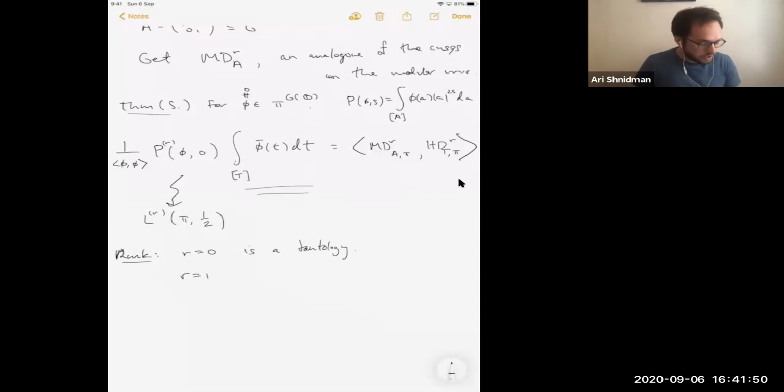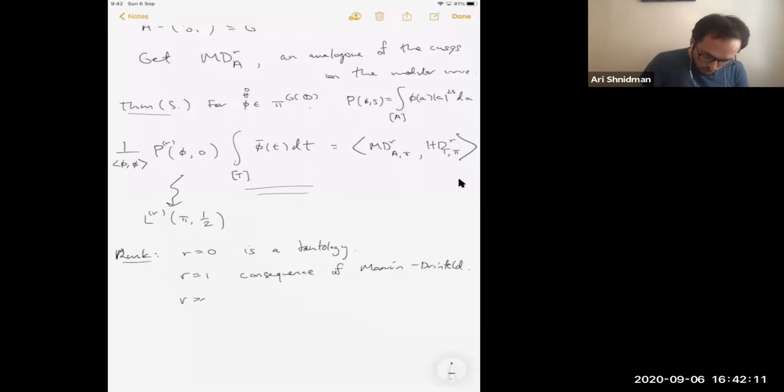But even if you were to work in higher level, both sides would be 0. It's a consequence of the Manin-Drinfeld theorem, which holds in the function field setting as well, that the cusps on the modular Jacobian are torsion algebraic cycles.